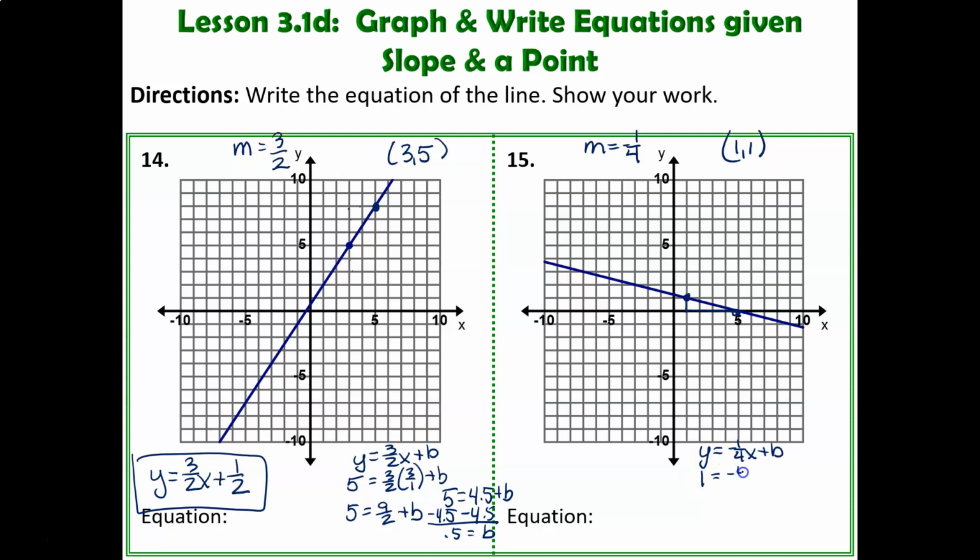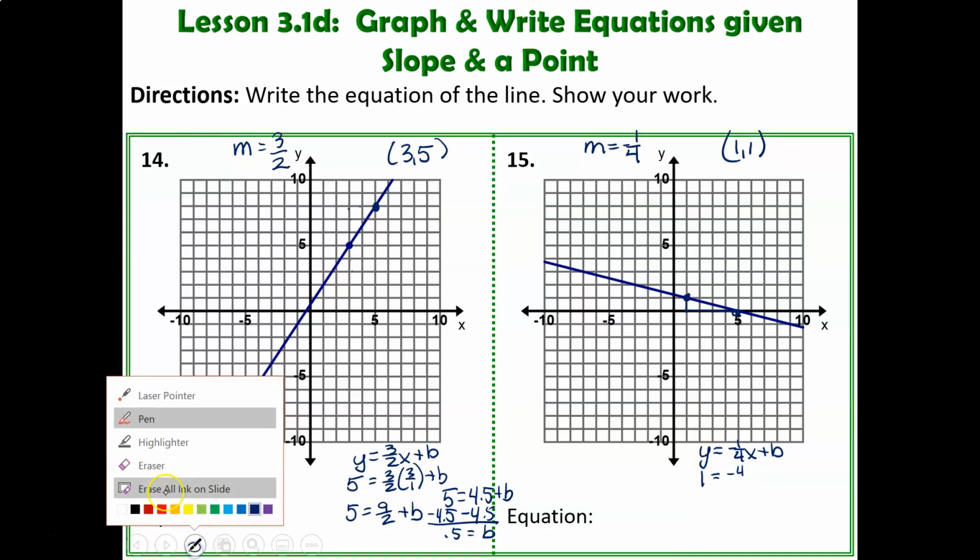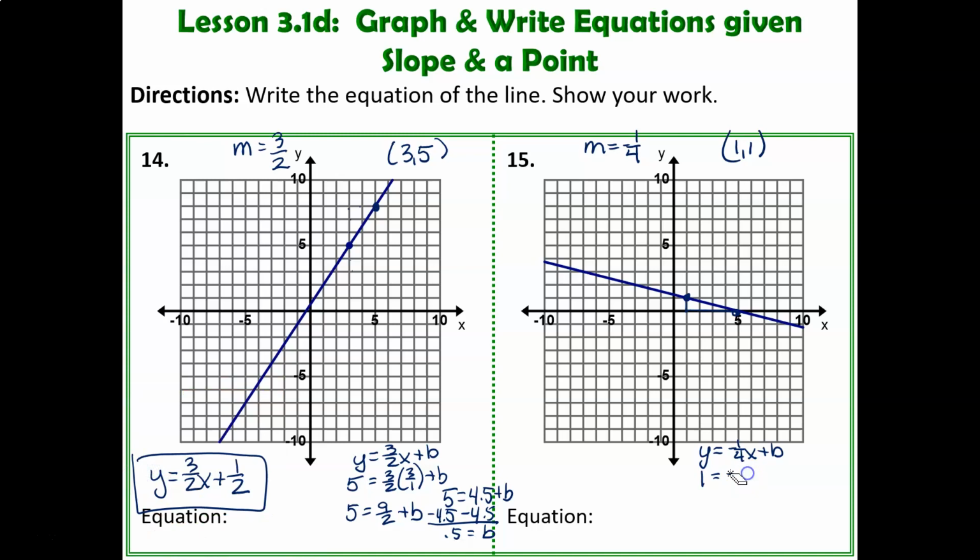So I have 1 equals negative 1/4 times 1 plus b. If I add a fourth to both sides, I get b is 1 1/4. If I make that improper, it's 4 times 1 is 4 plus 1 is 5, so that's 5/4. So my equation is y equals negative 1/4 x plus 5/4.